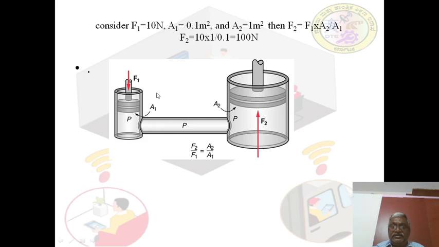Imagine the force applied, the effort, is 10 Newton. With this we are going to lift a load of 100 Newton. That means force is multiplied 10 times. Like that, by increasing the area, we get more and more leverage by hydraulic means.